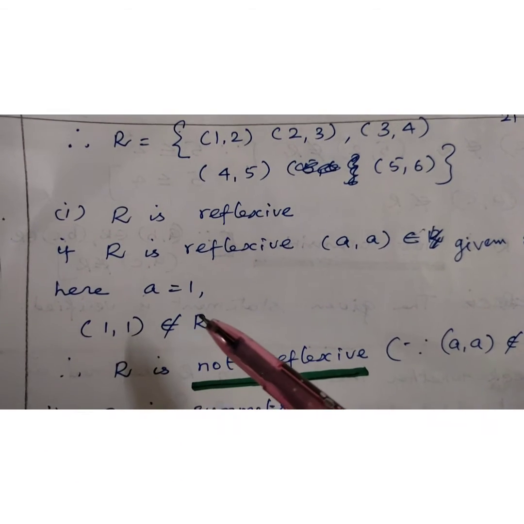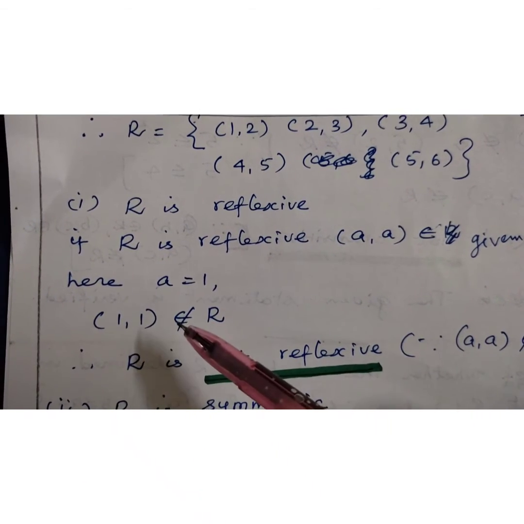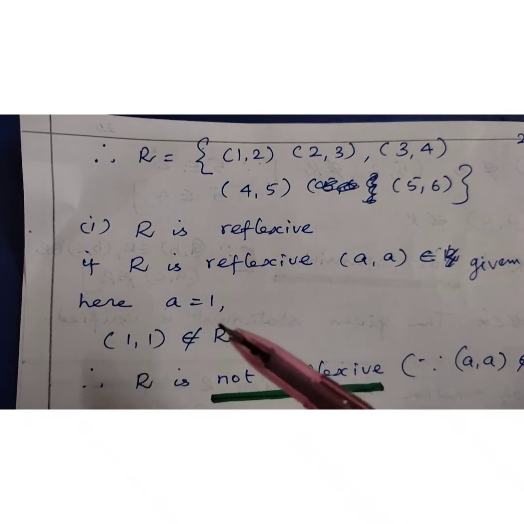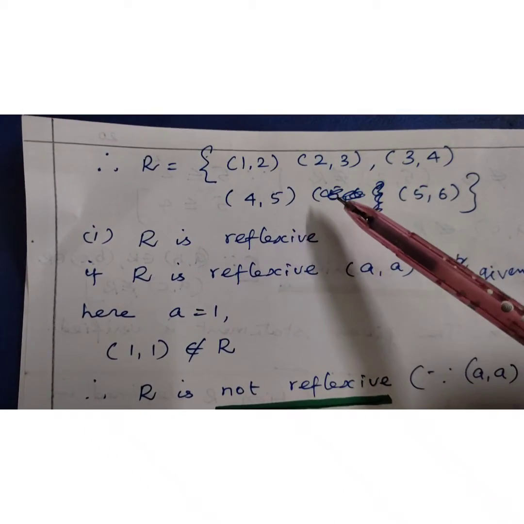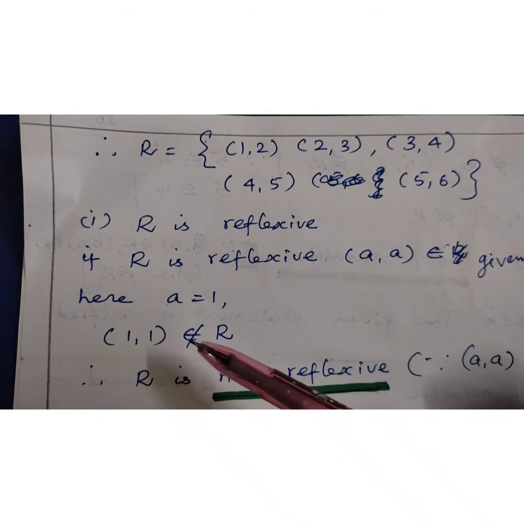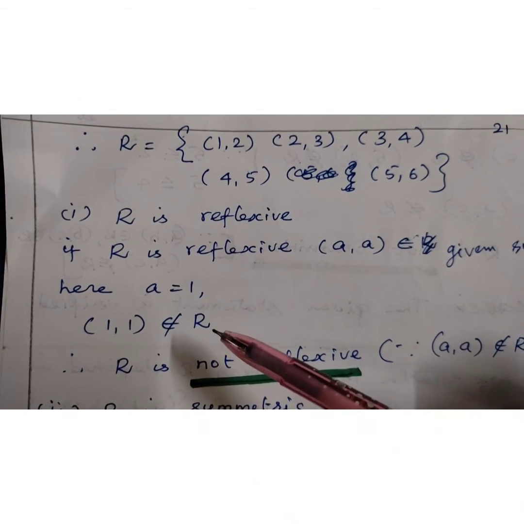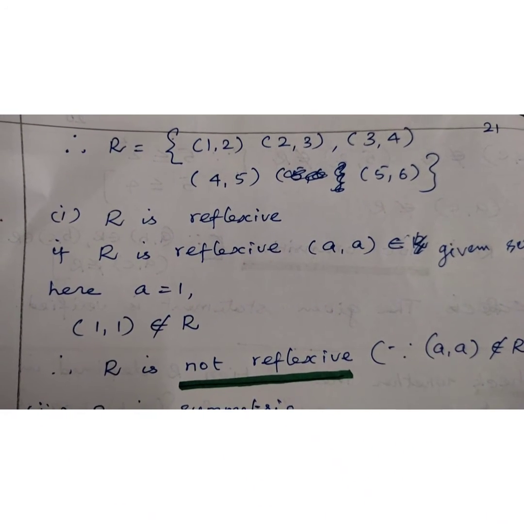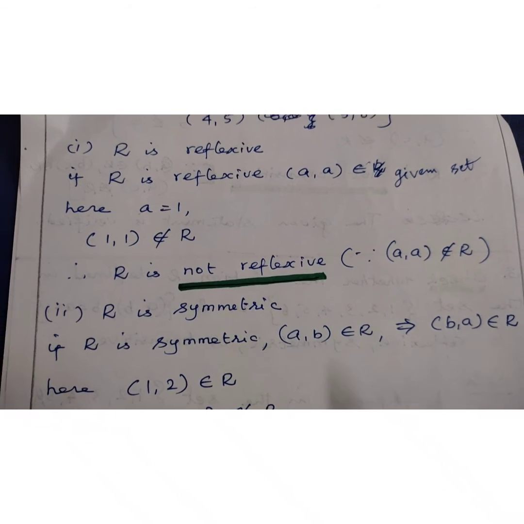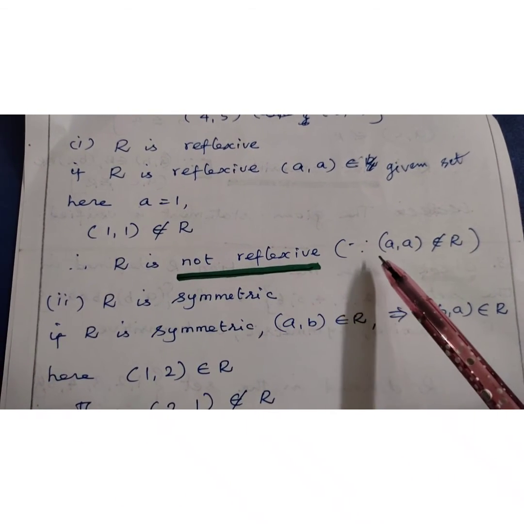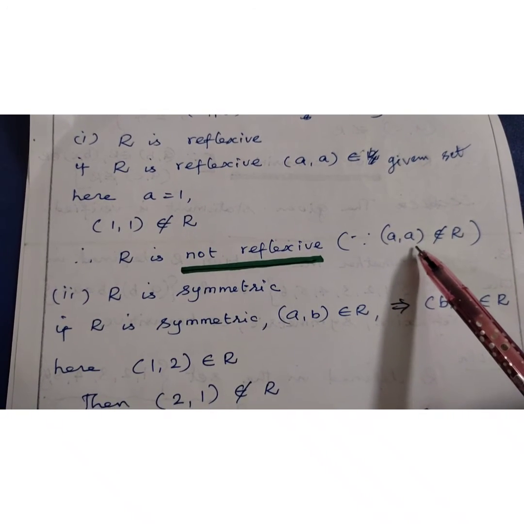Now here we take A equal to 1, so 1 comma 1. Does it belong to R? No. There is no pair such as 1 comma 1. Therefore, 1 comma 1 does not belong to R. Therefore, R is not reflexive since A comma A does not belong to R.